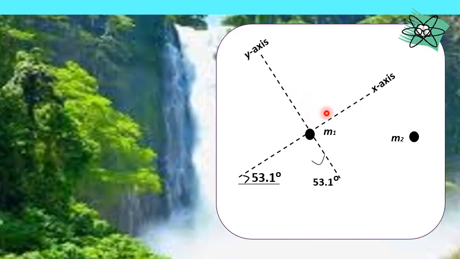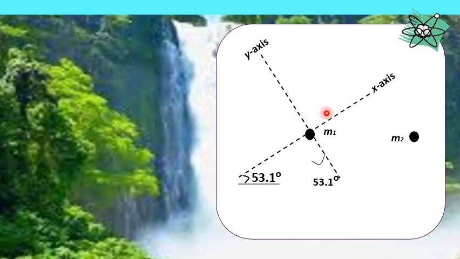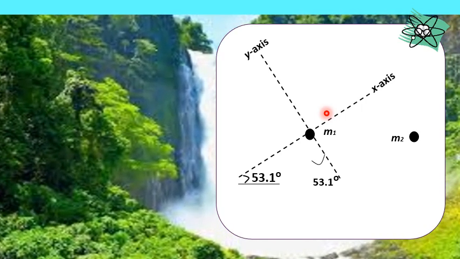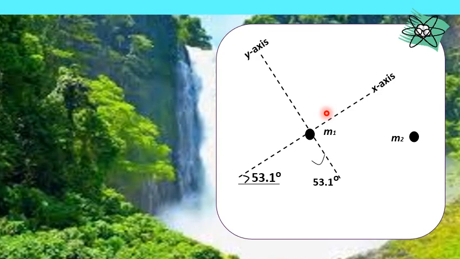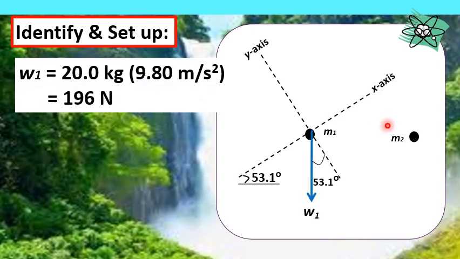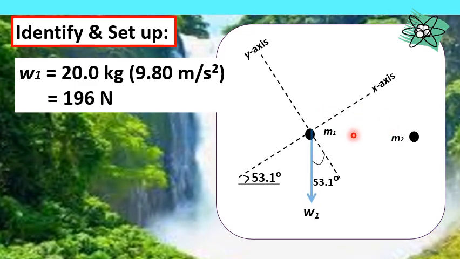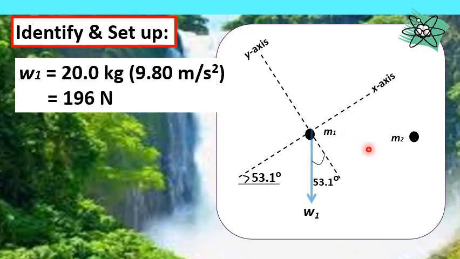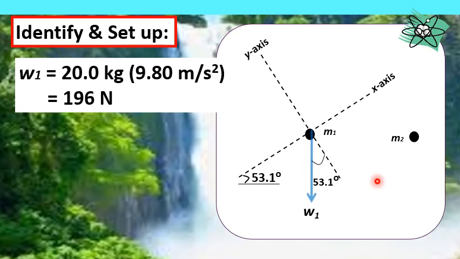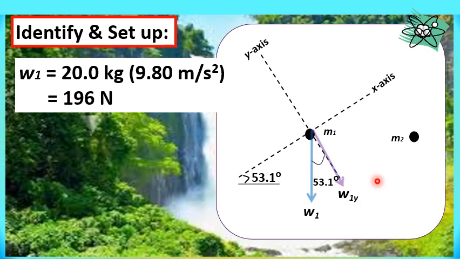So the weight W1 of the mass M1 is equal to 20.0 kilogram times 9.80 meters per second squared. So that is 196 newtons.